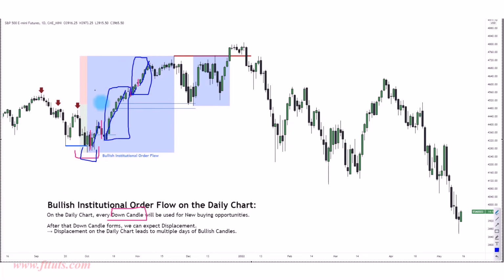This is all just institutional order flow on the daily chart. And if we look to the left, resistance levels are all going to break, since bullish institutional order flow is the key here.